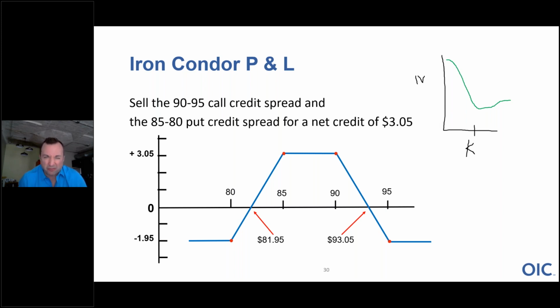Now, oftentimes that range is pretty wide, but you can still use it as a guide or a start. You say, well, here's my starting range of where, based on standard deviation, the stock might stay. Let me go ahead and look at the option prices there and see what the put and call are trading for.